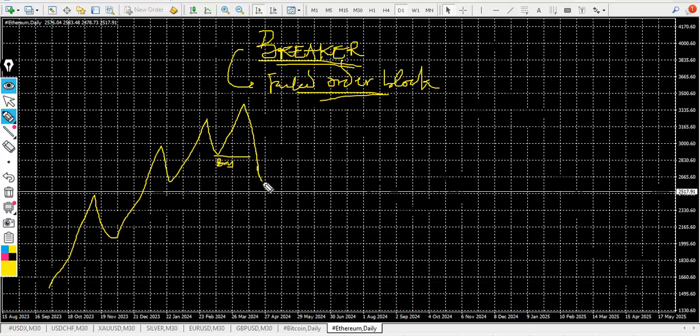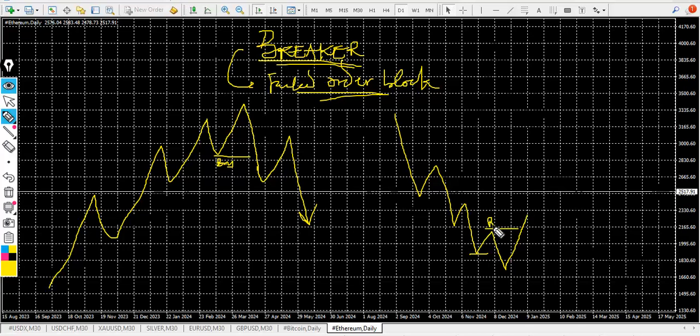So price can pull back and come down like this, and price can continue to go down until the lower high here is broken to the upside. The last bullish candle here that broke this low, that is now our breaker.